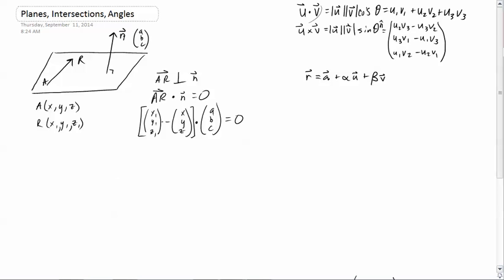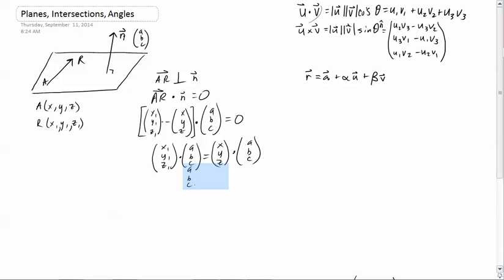Okay, so now the dot product can actually distribute. That's one of the nice things about dot product, it's commutative, it's associative, it distributes. It follows most of our normal multiplication rules. So if we distribute this, it's going to go to both of them, and then I'm going to add the x, y, z to the other side, which will leave me with x1, y1, z1, dot product a, b, c is equal to, and if this moves to the other side, it'll just be x, y, z, dot product a, b, c.